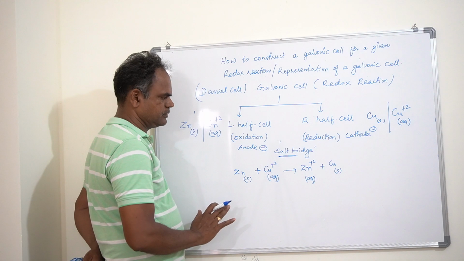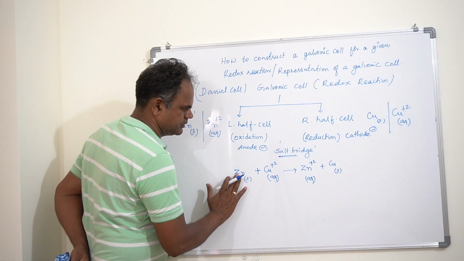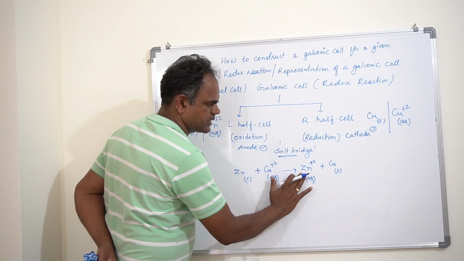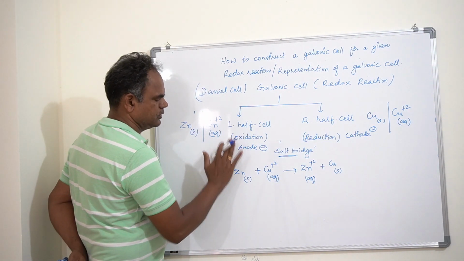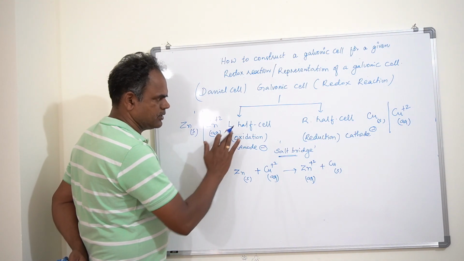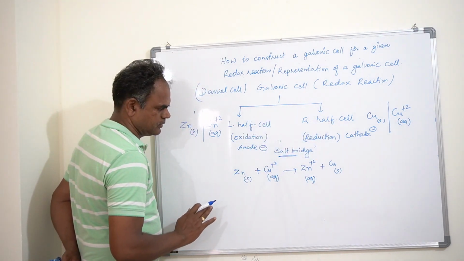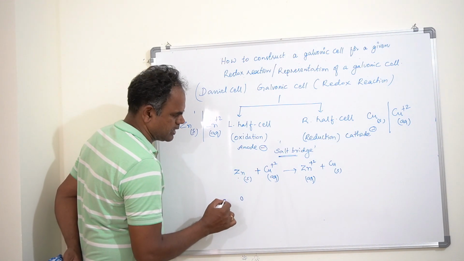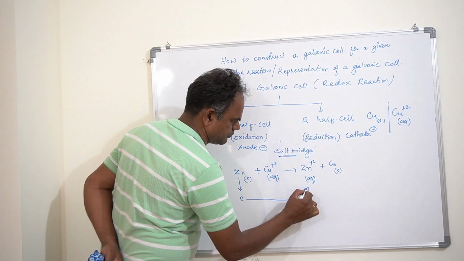And how do we get this reaction? Now let me discuss. If you observe this typical redox reaction, zinc metal is placed in copper sulfate solution, and we get zinc sulfate and copper metal. We divide this reaction into two half cell reactions: one is the oxidation half cell reaction, and the other is the reduction half cell reaction. Here zinc metal, whose oxidation state is 0, is oxidized to form Zn2+, losing 2 electrons.